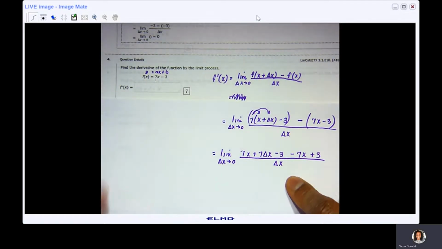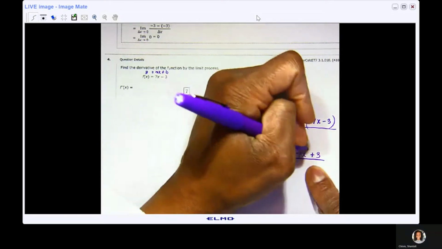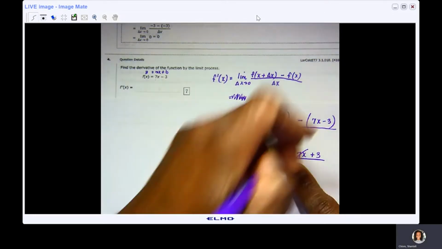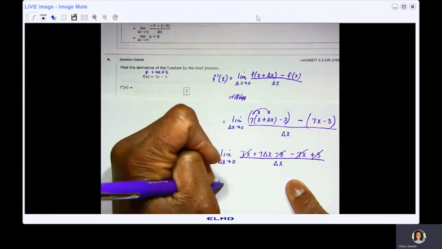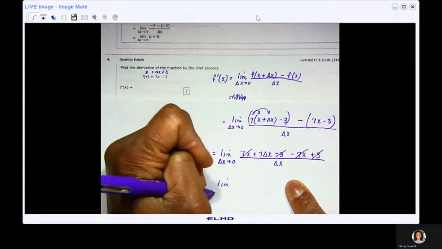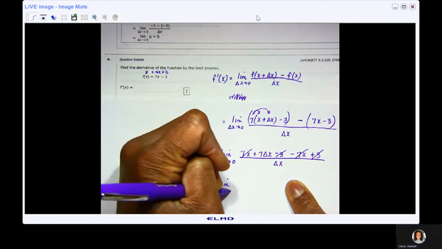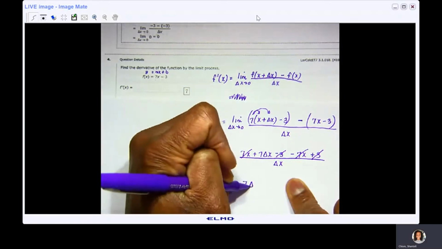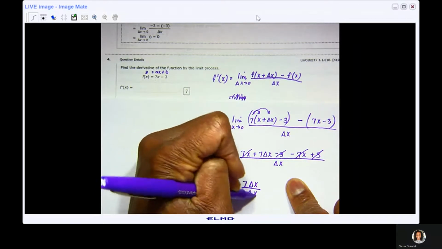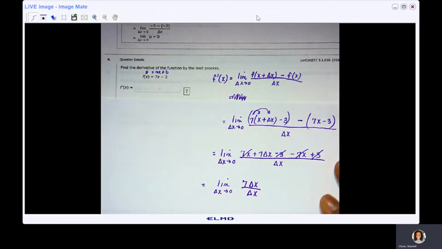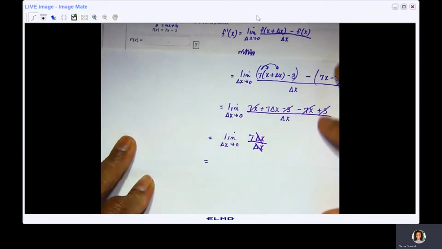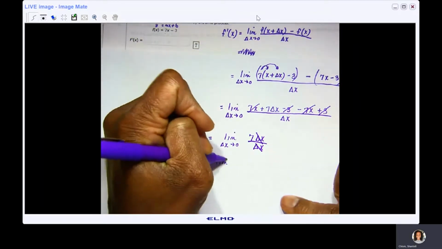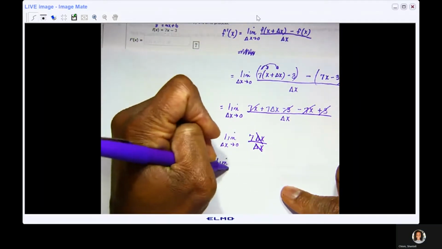Look what's going to happen here: 7x, 7 over delta x. Okay. The delta x on top cancels with the delta x on bottom. I'll end up with the limit of delta x approaching 0.